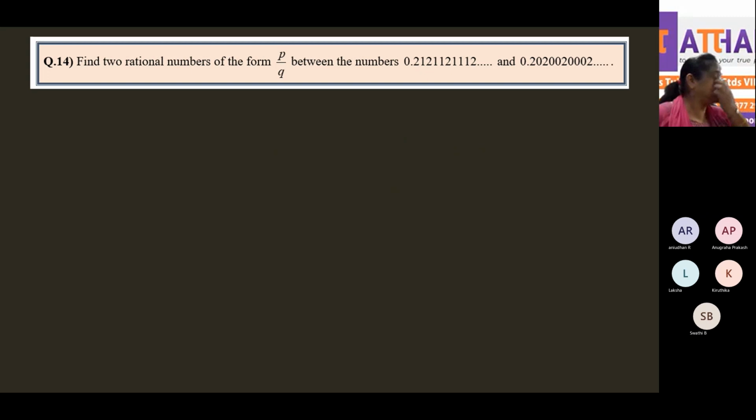Roshni. 0.2. 0.8. Yeah. 219, no? It's going outside it, no? See, how do I know it's going outside?